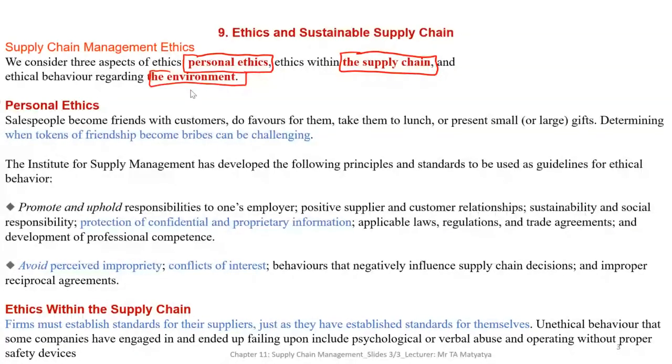We know the trucking industry plays a very huge role in our environment. When the trucks are too many and they are moving dangerous goods, they are destroying the roads.